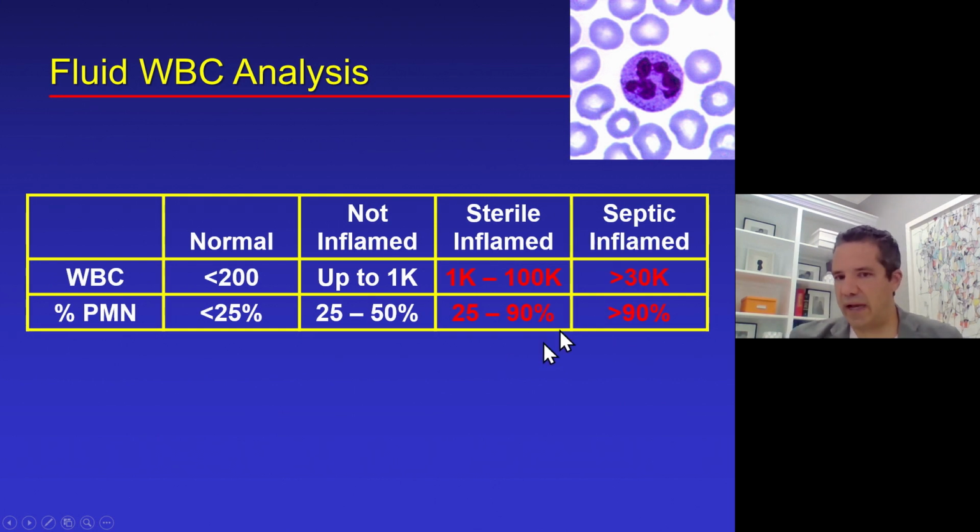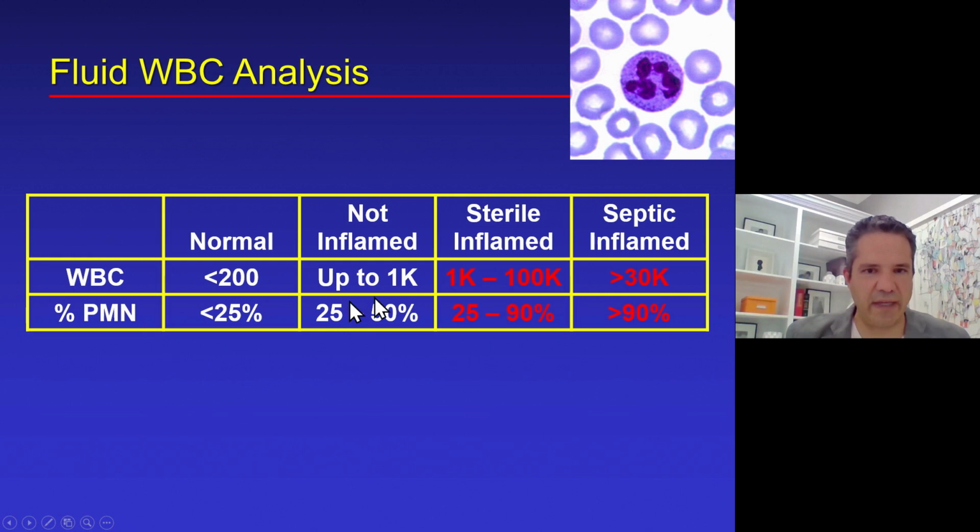You can see gout and pseudogout, and even some rheumatoid knees get over the classically held 50,000 threshold, where people start to think septic joint. But still, anything that's getting over 100,000 should prompt you to be thinking about a septic process first. You'll see polys or PMNs in patients with both gout and with septic joints, so that's not helpful.